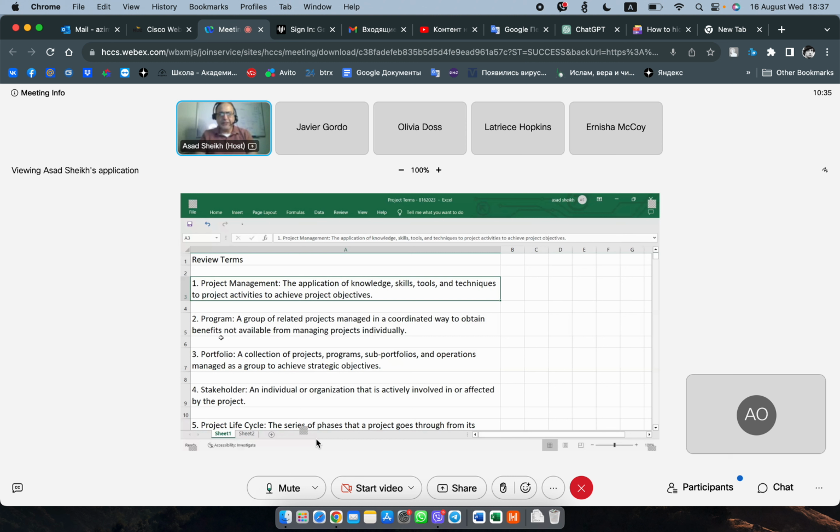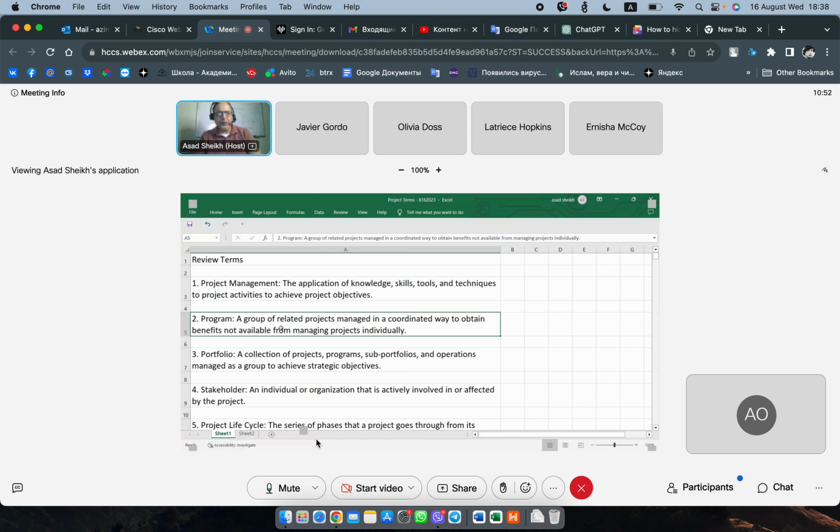If you see those 4 keywords, then you know that is the right definition of project management. Program is a group of related projects managed in a coordinated way to obtain benefits not available from managing projects individually. When you think of program, think of multiple projects under one umbrella, all having the same goal.